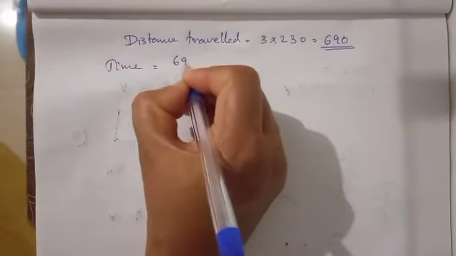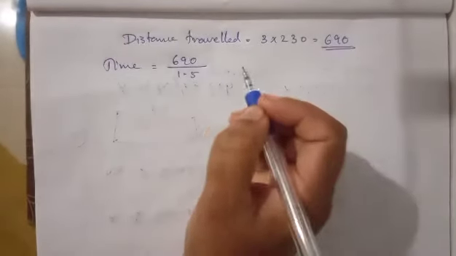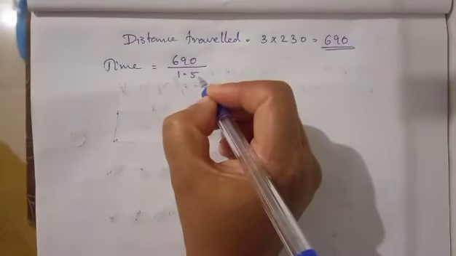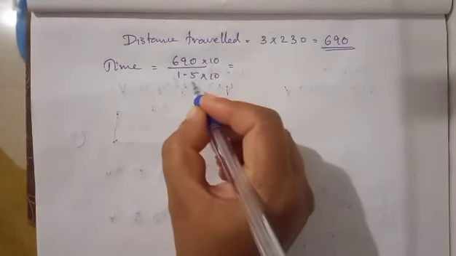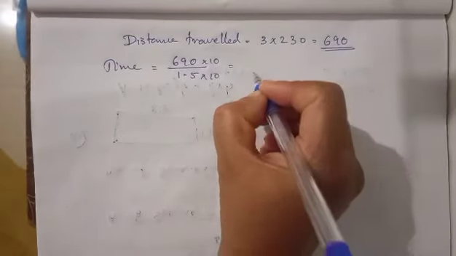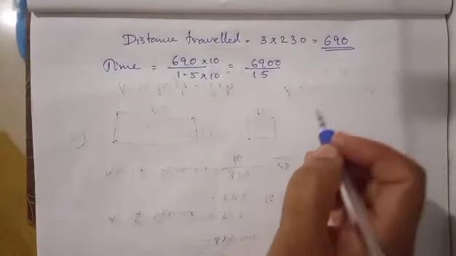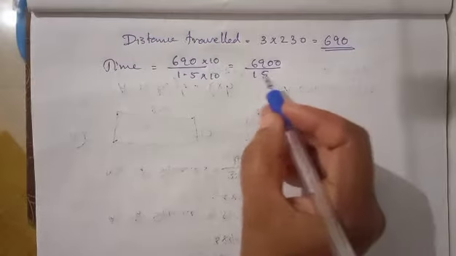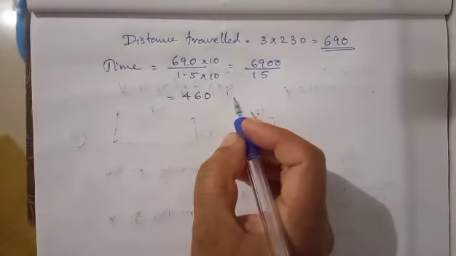That is 690, the total distance, divided by 1.5. When dividing by decimal number, numerator and denominator, multiply by 10 because denominator has to become a whole number. 6900 divided by 15, that is equal to 460.